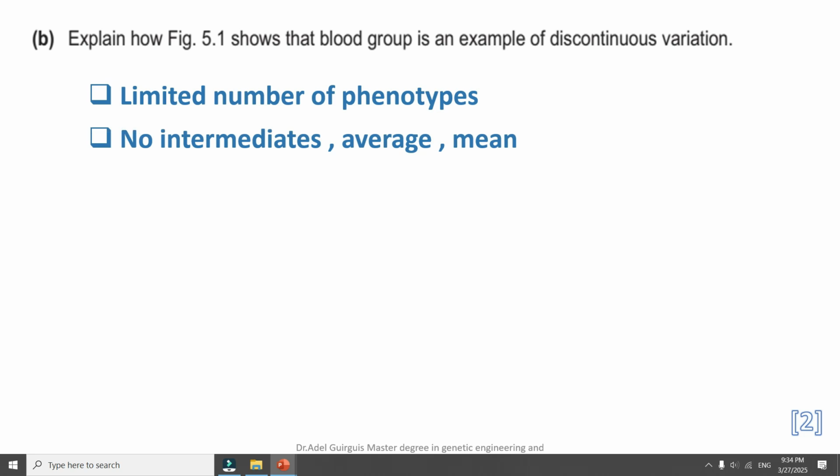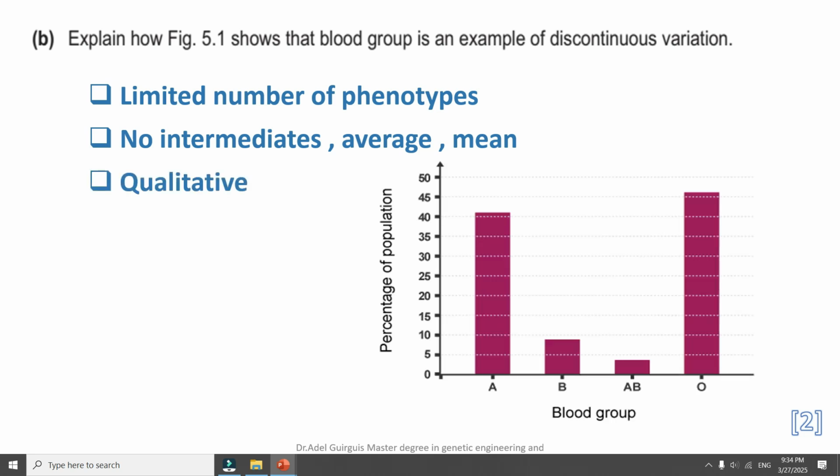No intermediates, no average, no mean. It's a qualitative result. Like here, blood group is either A, B, AB, or O, with no intermediate in between. So it is discontinuous variation.